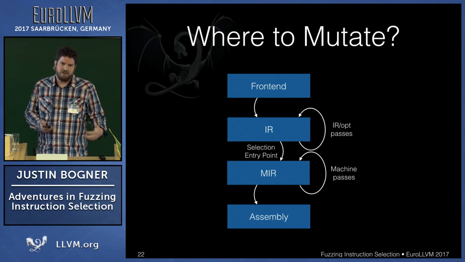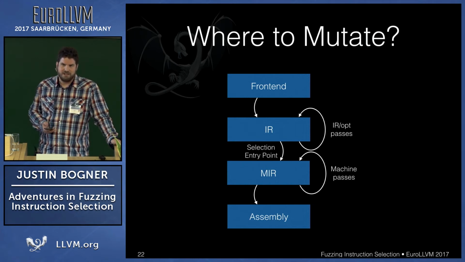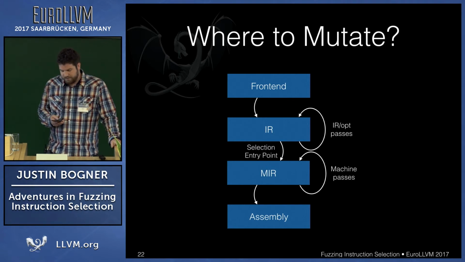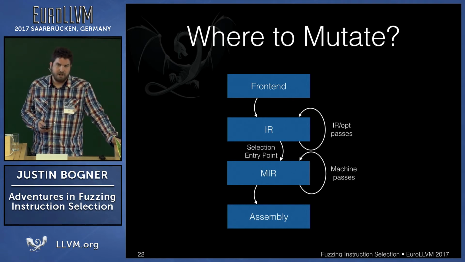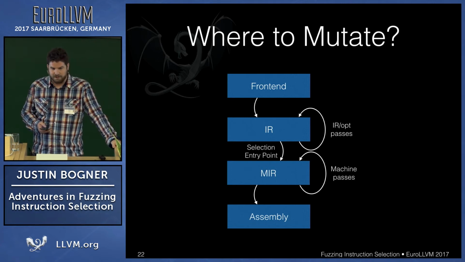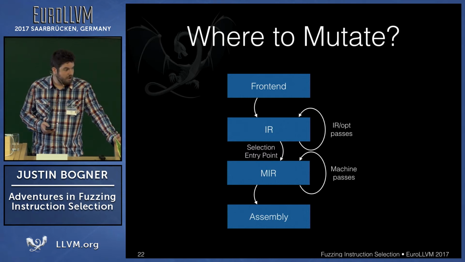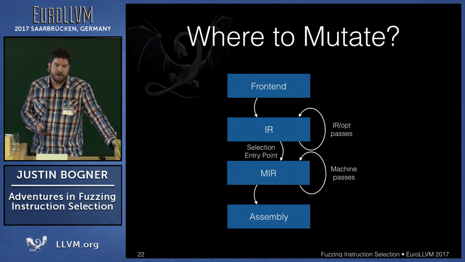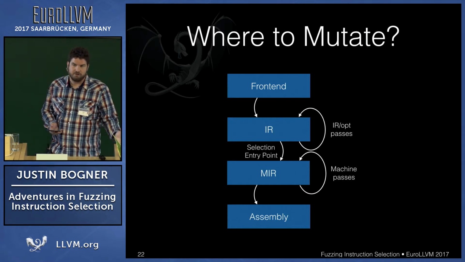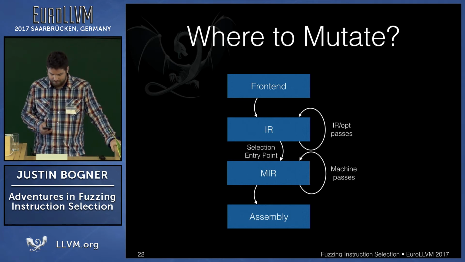Well, they're given MIR, but the machine function is completely empty at that point, and it's just back references to LLVM IR. So really, if you wanted to generate MIR, you need to generate both MIR and the relevant LLVM IR to go with it. The other side effect of going with generating LLVM IR is that if you have mutators for LLVM IR, you could potentially use these for other things, like if you wanted to write fuzzers for optimization passes. So this is a nice thing to have.